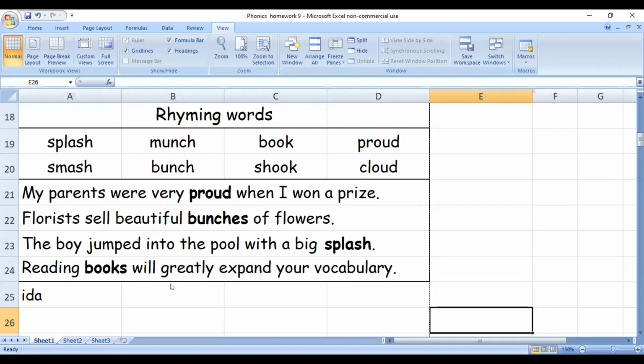Vocabulary. Can you read this word again? Greatly. Greatly. And what is this word? Greatly expand your vocabulary. Vocabulary. Okay, all right. Very good. What class are you in? Excuse me.